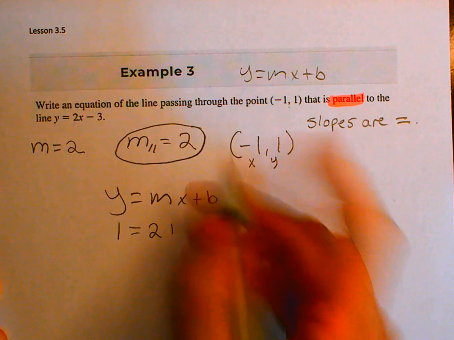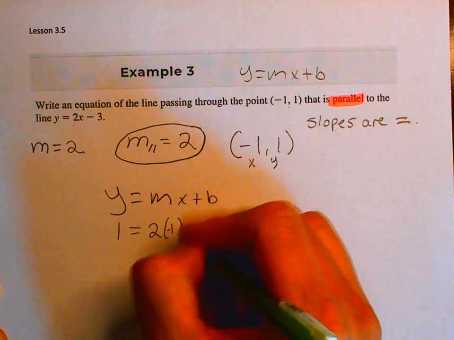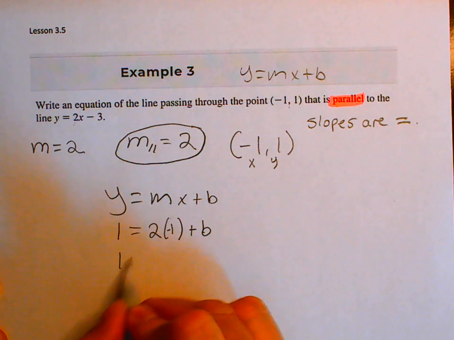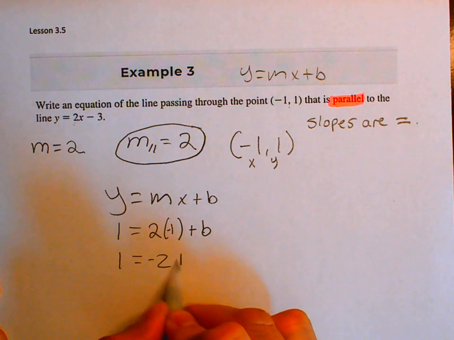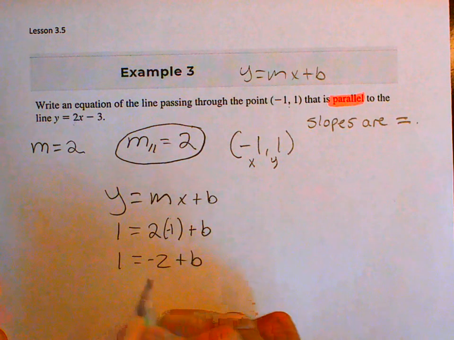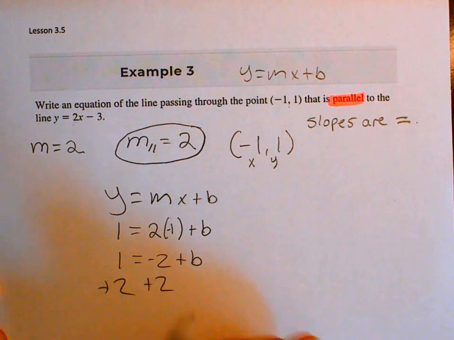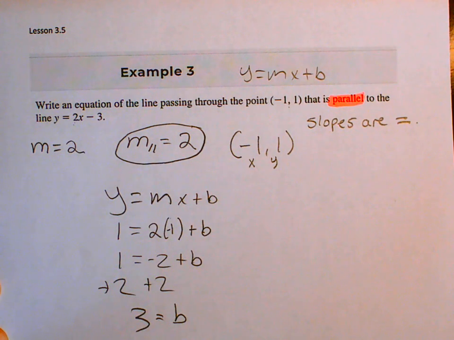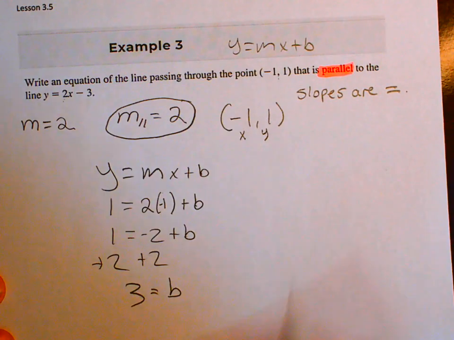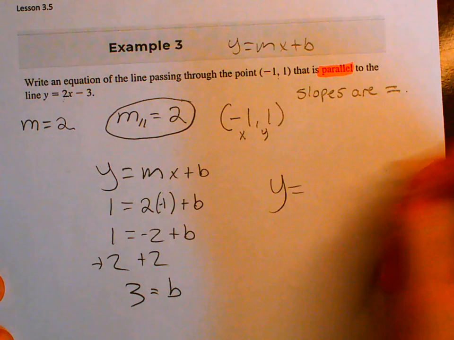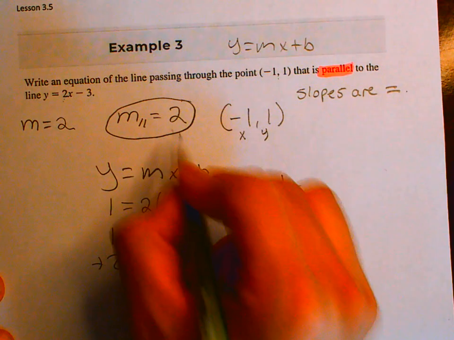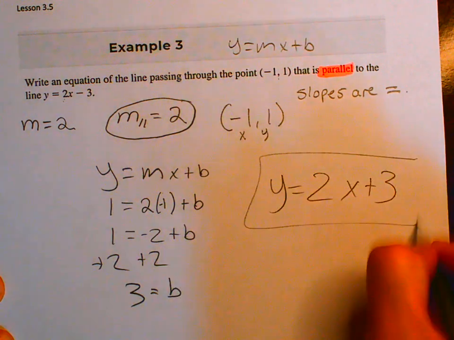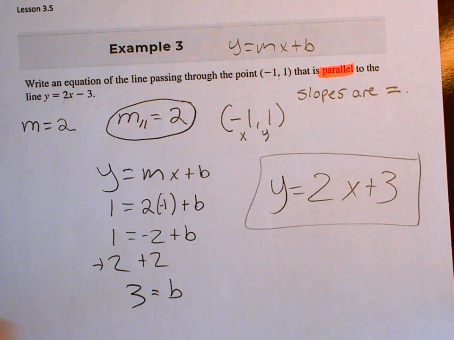And the value of x is -1 plus b. So that's 1 equals -2 plus b. We're solving for b by adding 2. And b equals 3. So what am I going to do with that 3? I'm going to use it to write my equation. Y equals, my slope again is 2x plus 3. And that is the equation that I am looking for.